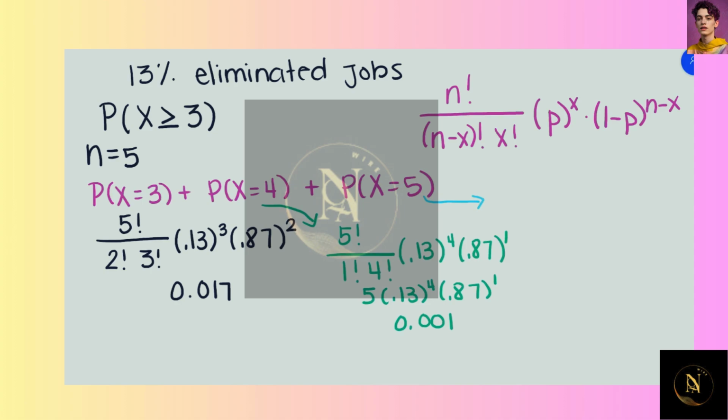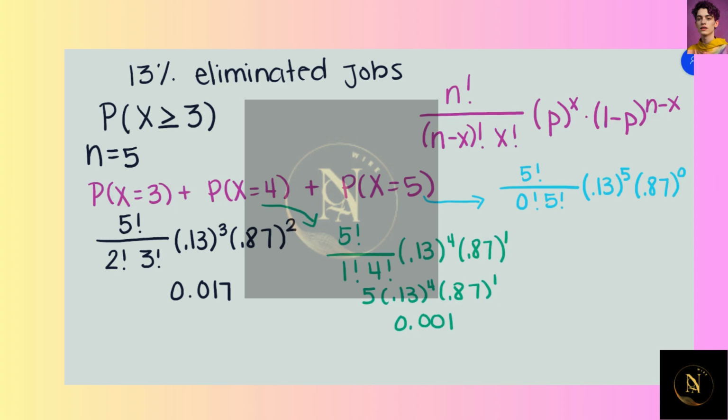Now let's do the probability that x equals 5. So you do 5 factorial over (5 minus 5) factorial, which is 0 factorial, times x, which is 5 factorial, and you do 0.13 to the 5th power, times 0.87 to the 5 minus 5 power, which is 0.